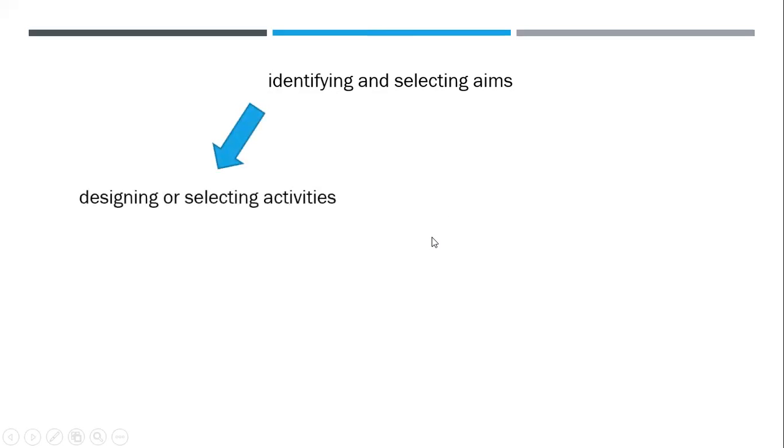Then you design or select the activities that you're going to include in your plan. After that, you put them in the best order. Typically, we start with the easier ones, and then at the end of the lesson, we give them the harder ones, or maybe starting with a controlled practice and coming up to the freer type of activities.